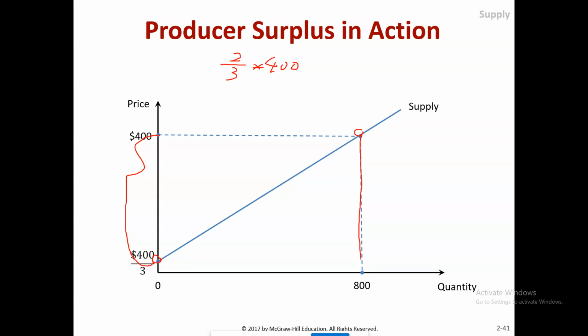This is vertical change divided by horizontal change, which is 800. So 2 multiplied by 400 is 800. So the slope is a third.